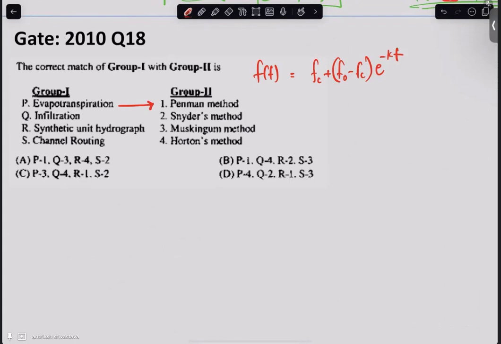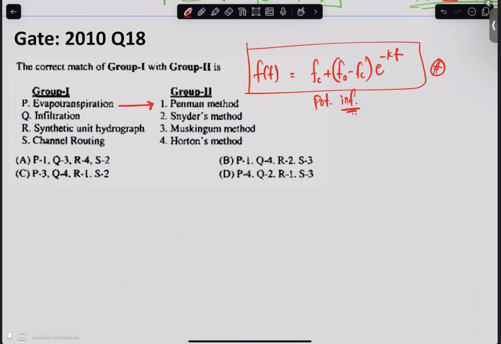So infiltration rate at any time, potential infiltration rate, you have to remember to call it as potential infiltration rate at any time, was given as the constant infiltration rate after infinity plus initial infiltration rate minus the constant into exponential minus kt, where k is the decay constant for the exponential drop in the infiltration rate. So this was the Horton's method, right? So we have the coupling for Q as 4.